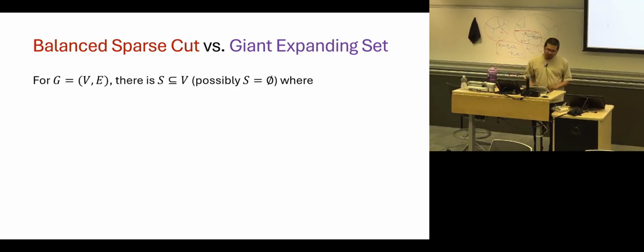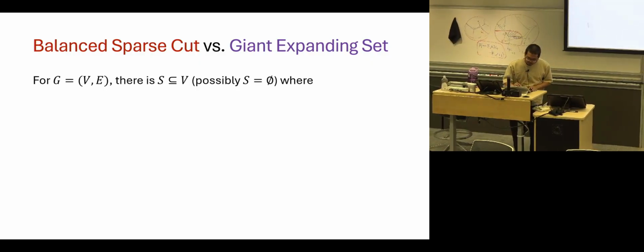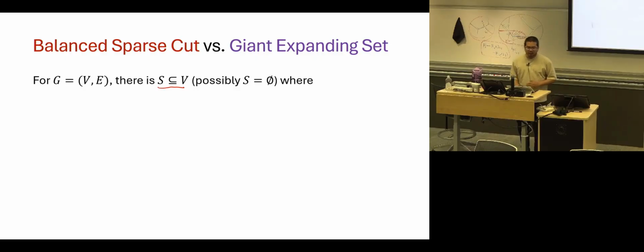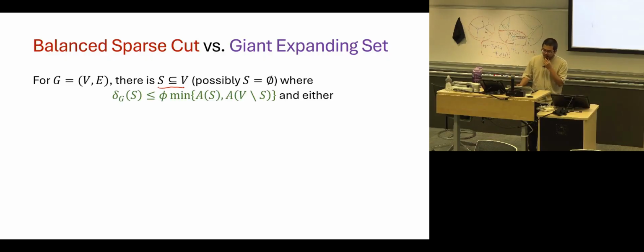The claim is that given any graph, there exists a vertex set S, which might be empty, such that first of all it's sparse: the cut size is at most phi times the minimum of A on both sides. So it's a sparse cut with respect to A.